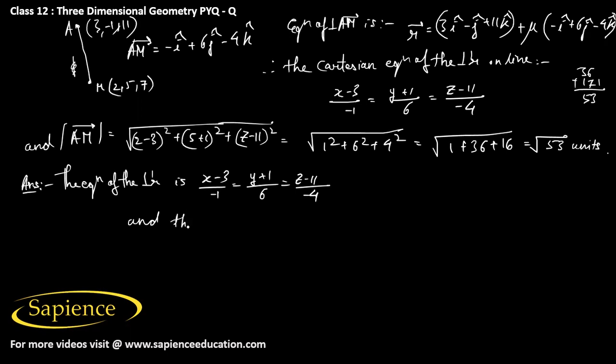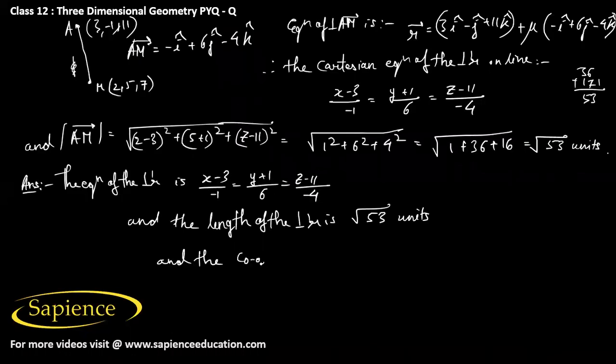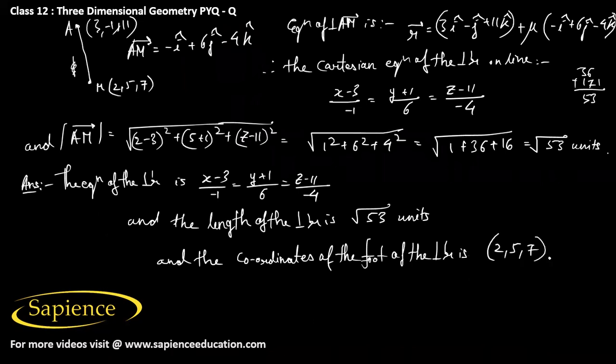The length of the perpendicular is root over 53 units, and the coordinates of the foot of the perpendicular are (2, 5, 7). So this is the final answer. Thank you.